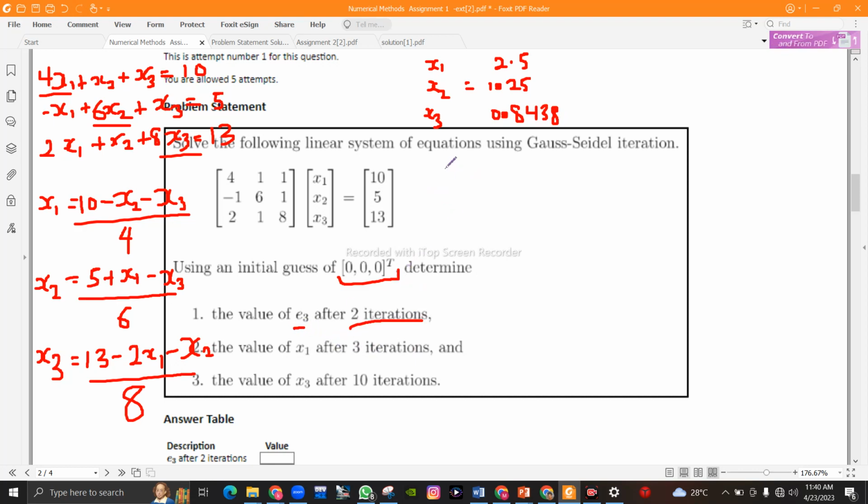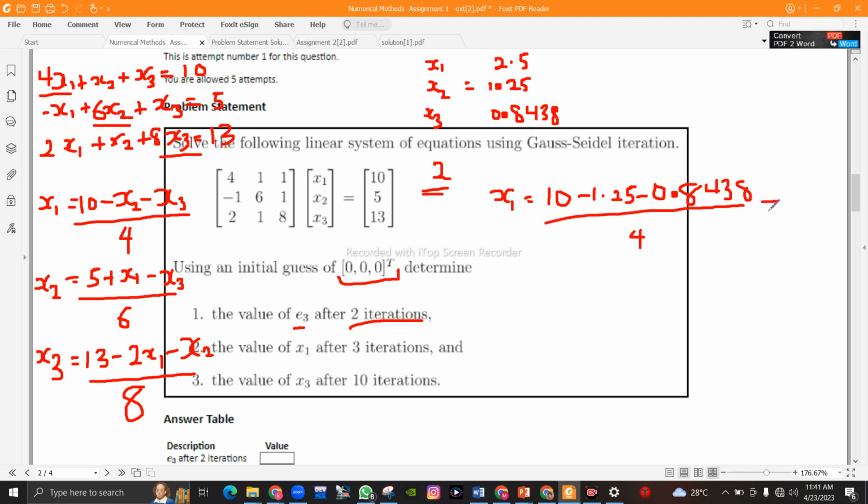So now we have the second iteration. Our x1, we still use our formula, which is 10 minus x2. What's our x2? x2 is 1.25, minus x3. What's our x3? 0.8438, divided by 4. If we calculate this, our x1 will be equal to 1.9766.